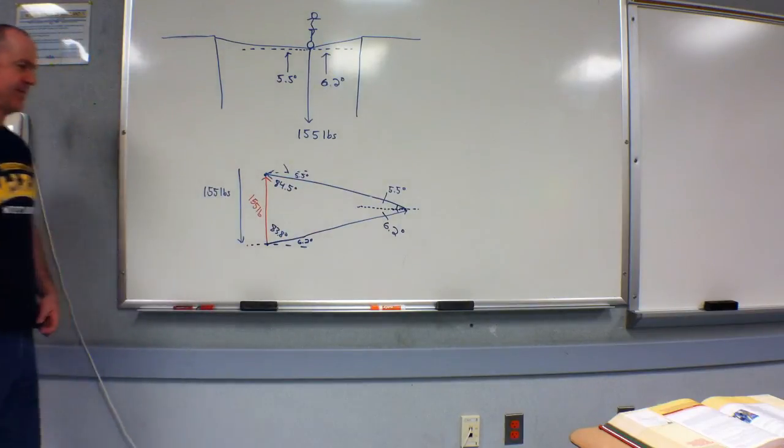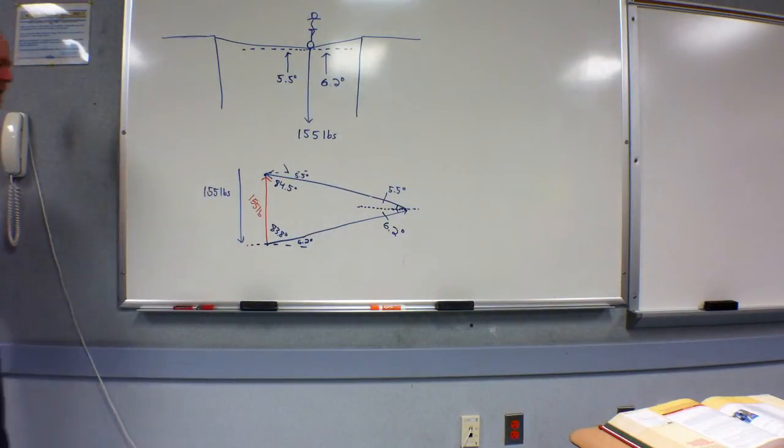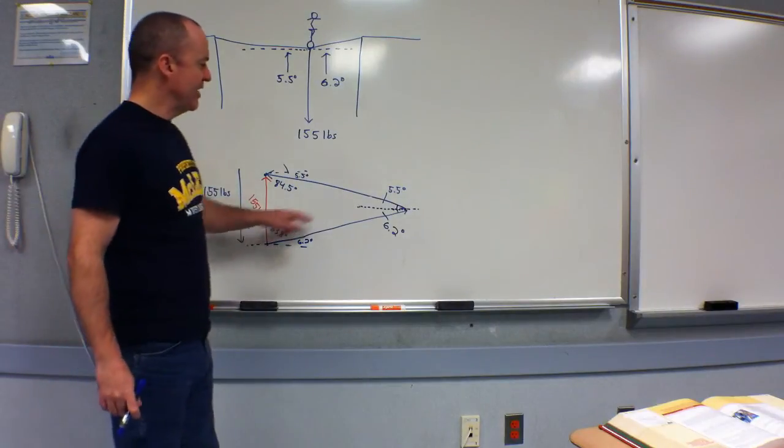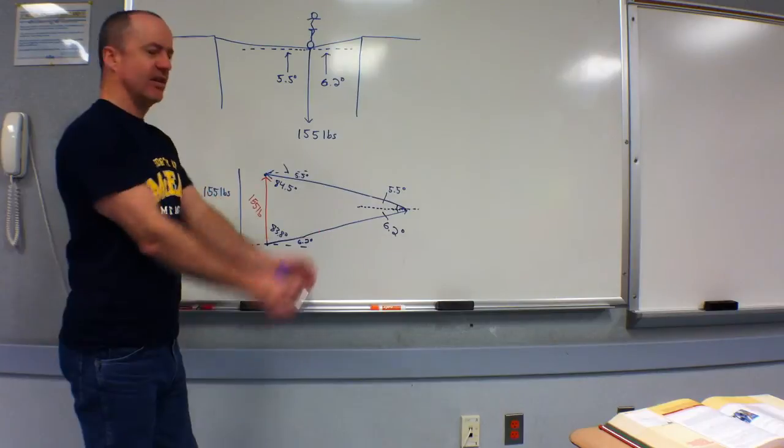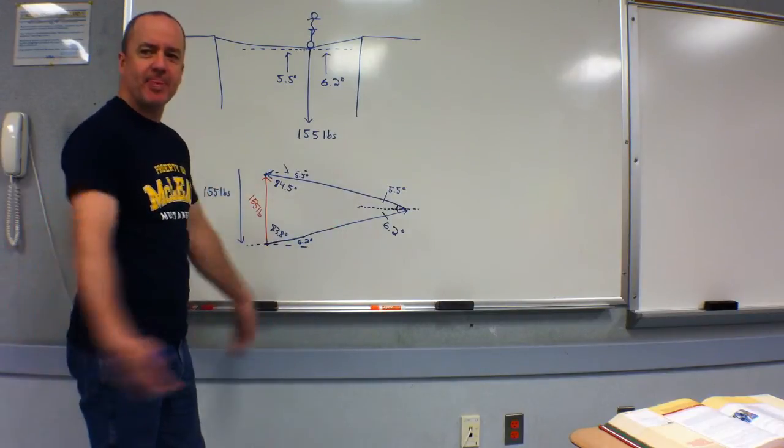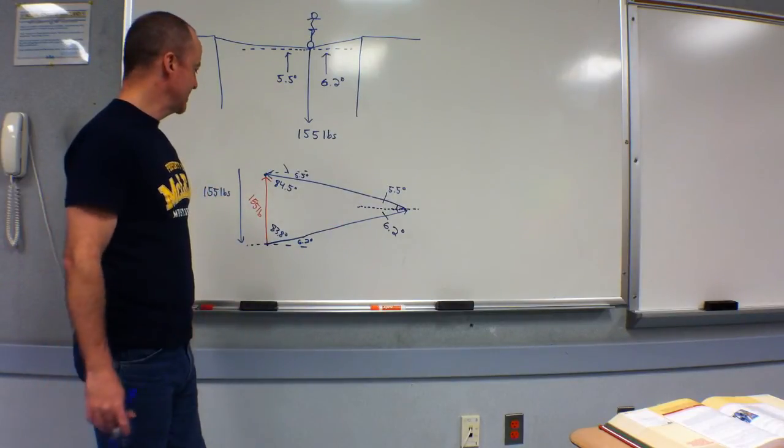If you know one side, and you know the angle opposite and the other two angles, is this law of sines or law of cosines? Law of sines, I would say.